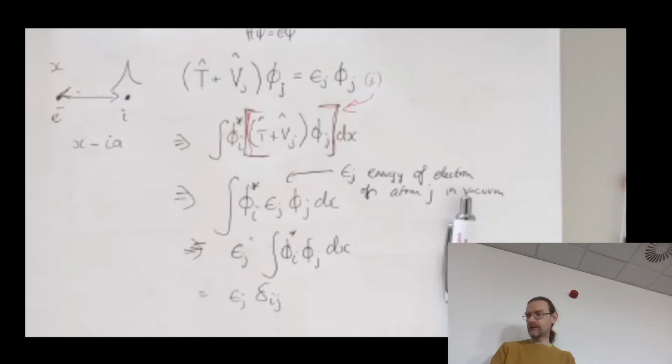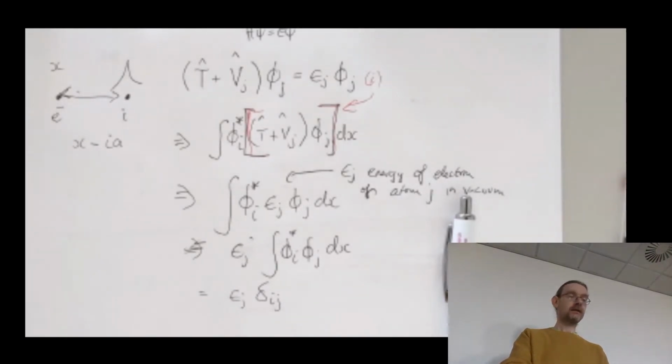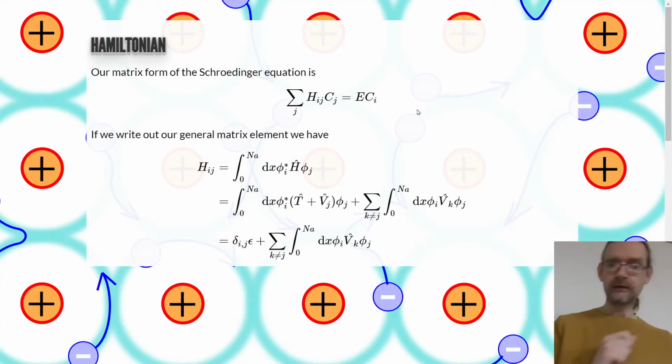That's the same trick we did last week. Is it okay if I go back to the slide? So that's what I've done here. This thing here is the Hamiltonian just for atom J, and this quantity delta gives the same value.